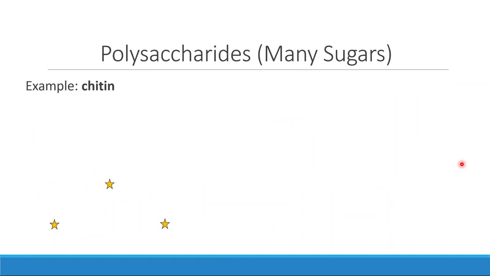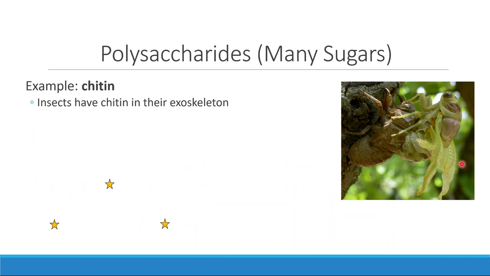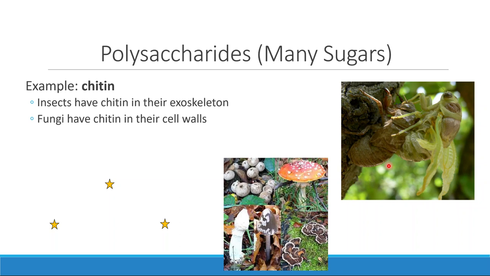Another example of a polysaccharide is chitin. Chitin is a polysaccharide occurring naturally in bugs, making up their exoskeleton. So if you've ever seen those little leftover body shapes of cicadas when they're molting, we also see chitin inside fungi, which are things like mushrooms or the kind of fungi that can give you a fungal infection.